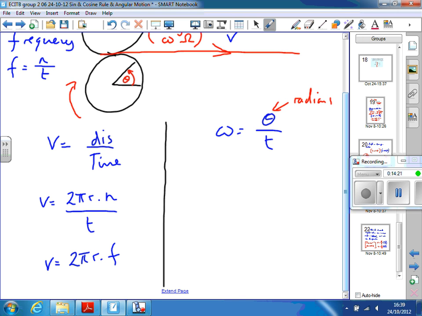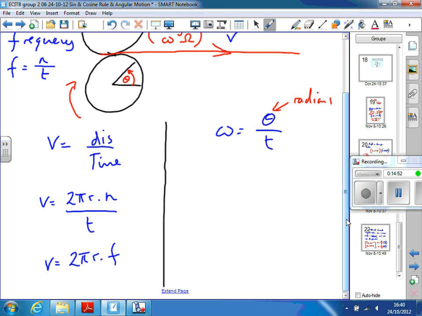We've got the angle theta measured, and so I want to work out the complete angle this thing's gone through, which will be 2 pi, which is the complete turn, multiplied by the number of turns. It's the complete angle it's gone through. 1 turn is represented by 2 pi, as we've defined on the previous slide, and then n will be the number of turns.